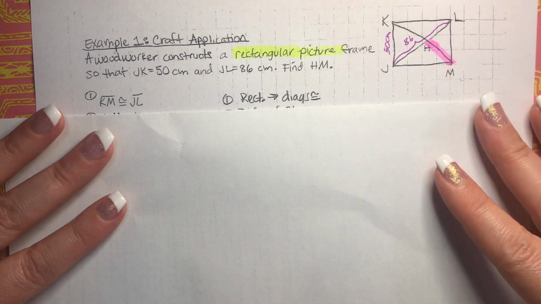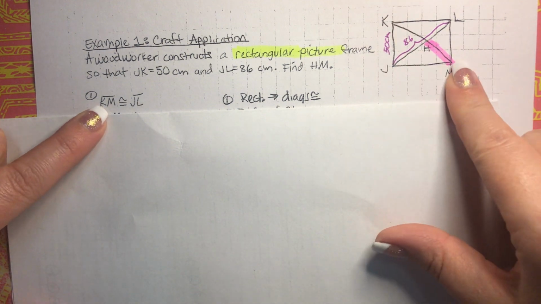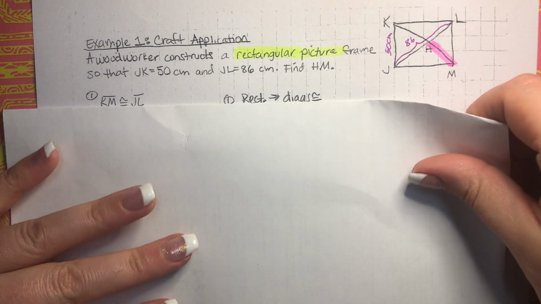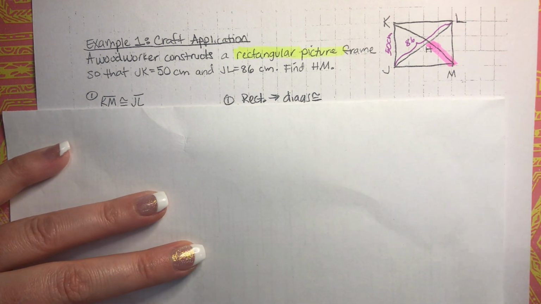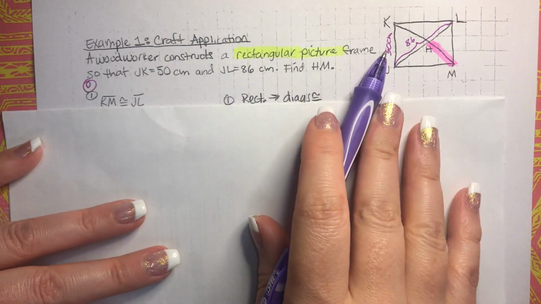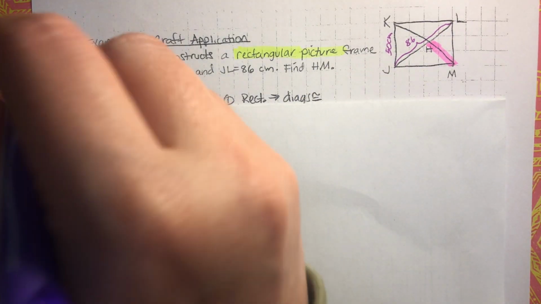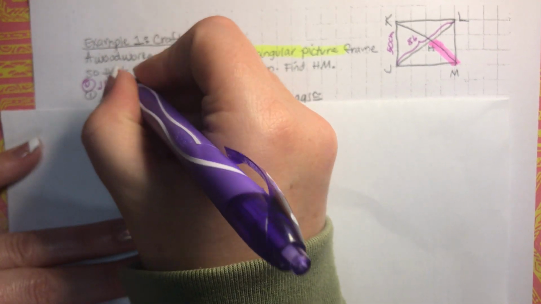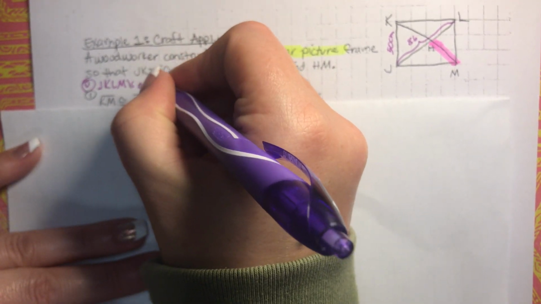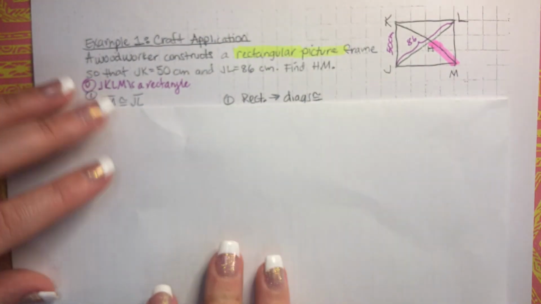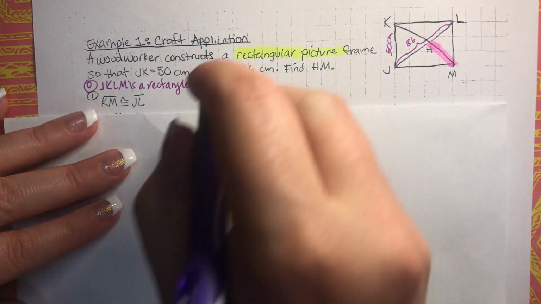So the first thing we know is that KM is congruent to JL. But let's go ahead and write a little extra information here because I feel like we're missing something. We need to say that JKLM is a rectangle. That is given.